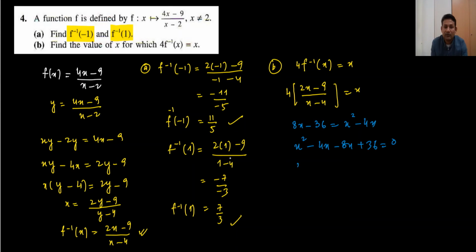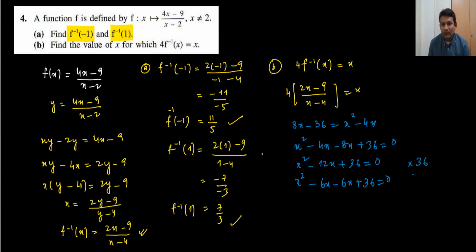Let's check what the factors are. It's coming 12x, minus, plus 36, because we have to make the factors x squared minus 6x minus 6x plus 36 equal to 0, because the factors multiply to get 36 and add to get 12, so 6 and 6 are the factors, or even you can use the perfect square formula. x is common in the first two, x minus 6, minus 6 is common, x minus 6 equal to 0, x minus 6, x minus 6.